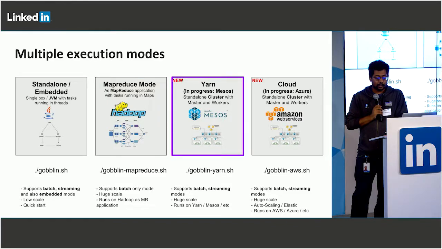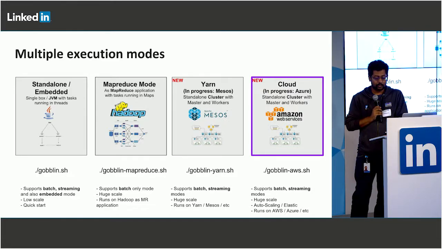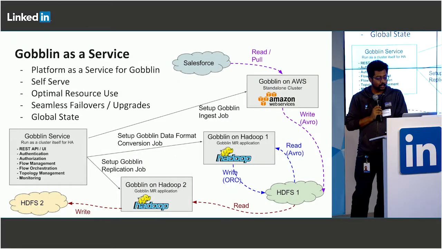Or you can run in cluster mode on Yarn, or on Mesos, which is in progress. Someone in the community is actually driving that. Or you can run again as an elastic cluster on AWS, and Azure mode is also in progress. And someone in the community again is driving that effort as well.